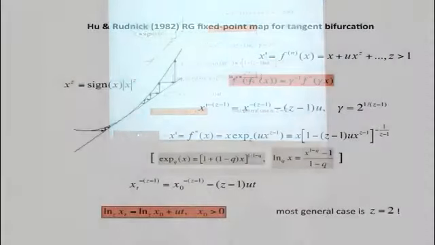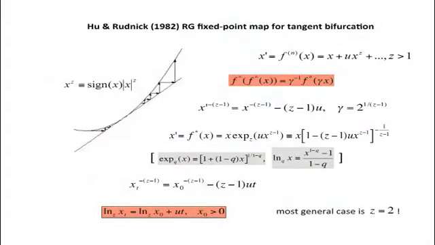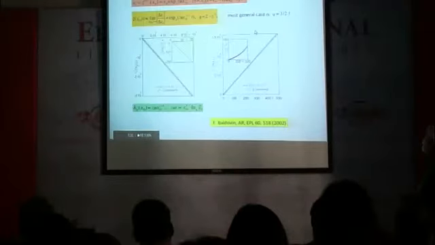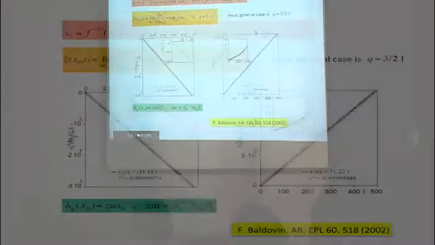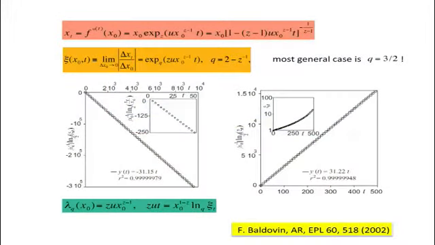And one can go slightly further and look at the trajectories that take place for that map. And here is an implicit expression for all the trajectories. One can write the trajectories for the fixed point map.